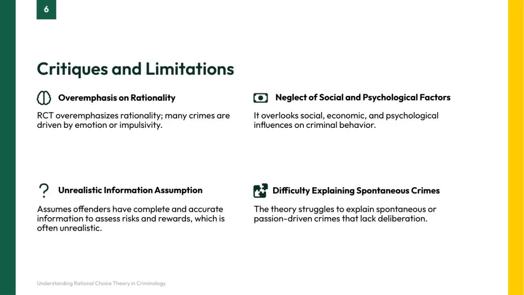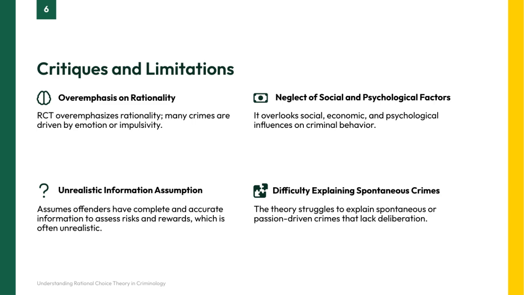While rational choice theory offers valuable insights, it's important to recognize its limitations. First, it tends to put too much emphasis on rational decision-making, but in reality, many crimes are driven by emotions or impulsive reactions rather than careful thought. Additionally, the theory often overlooks key social and psychological factors, like economic hardship or mental health issues, that can heavily influence criminal behavior.